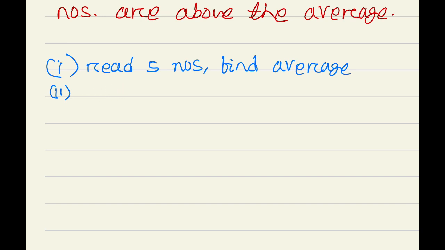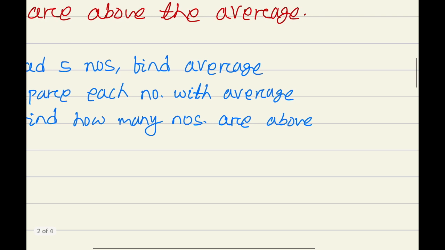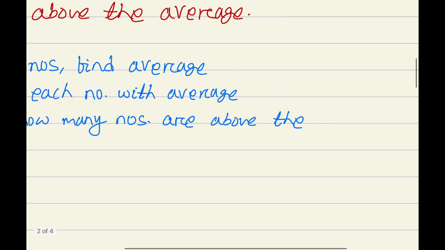So here in the second part, we compare each number with the average and find whether it is above the average or not, and find how many numbers are above the average.